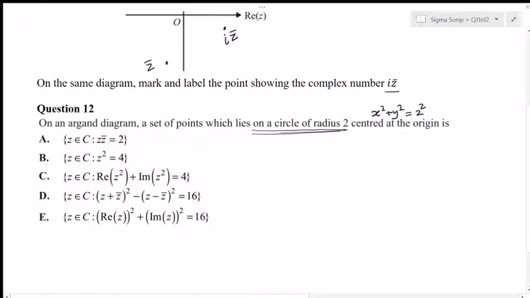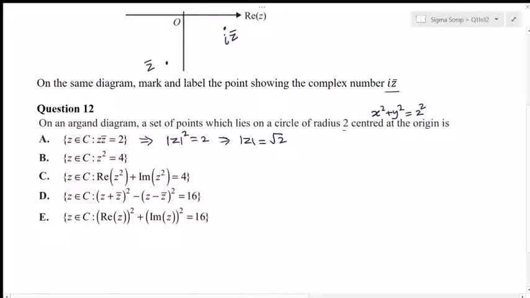Yeah, so let's look at the first one. The first one is mod Z bar squared is equal to 2, which can be written in this form, that is equal to 2. And what is it telling us? I can further simplify this. Let me erase this part here. Further simplified, this is equal to square root 2.